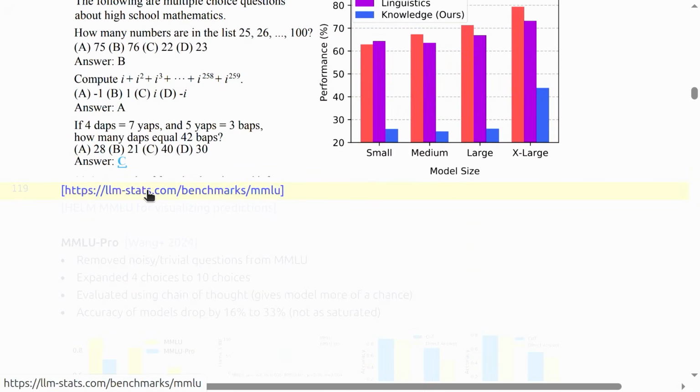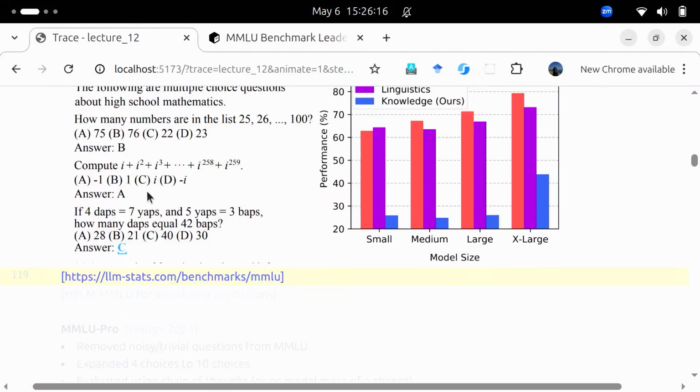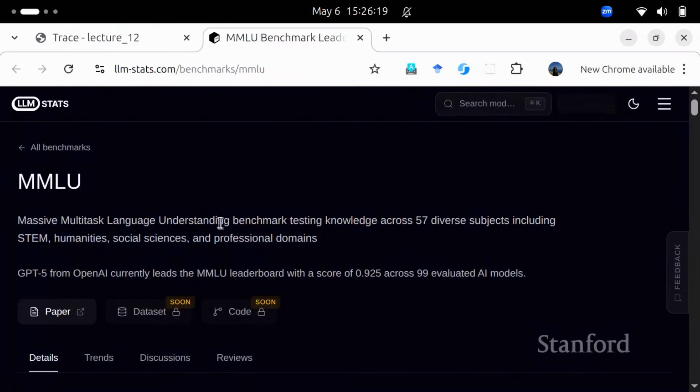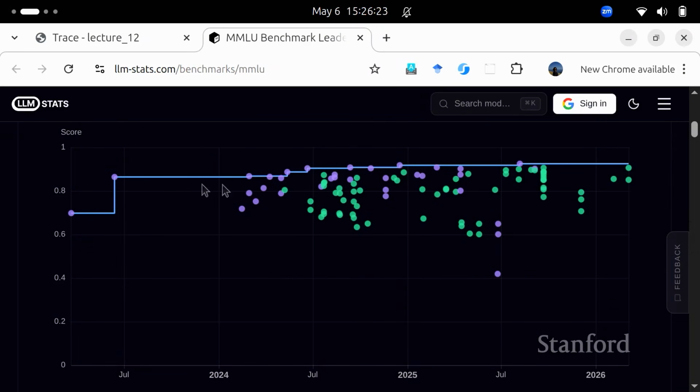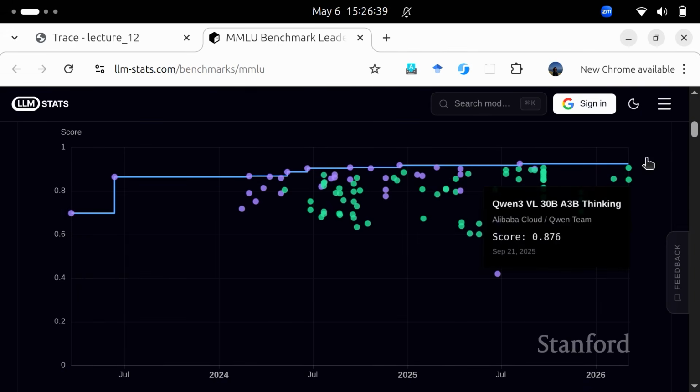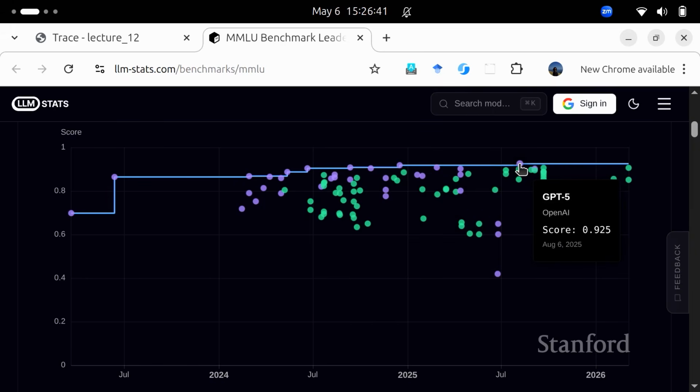And then over the years, as we know, this benchmark has essentially saturated. Going from 2020 to the beginning of 2023, up to GPT-4, and now it's in the 90s.